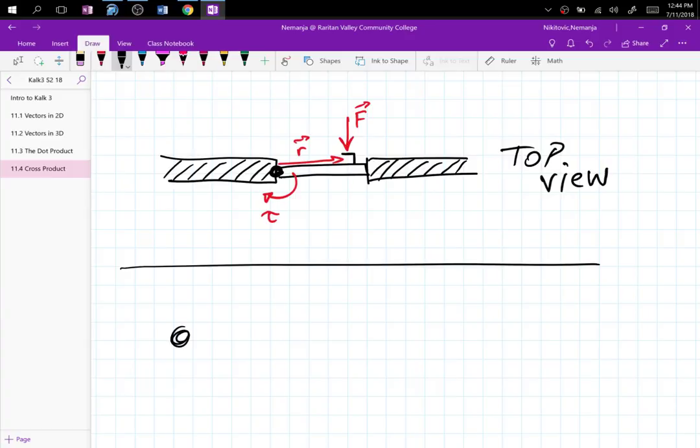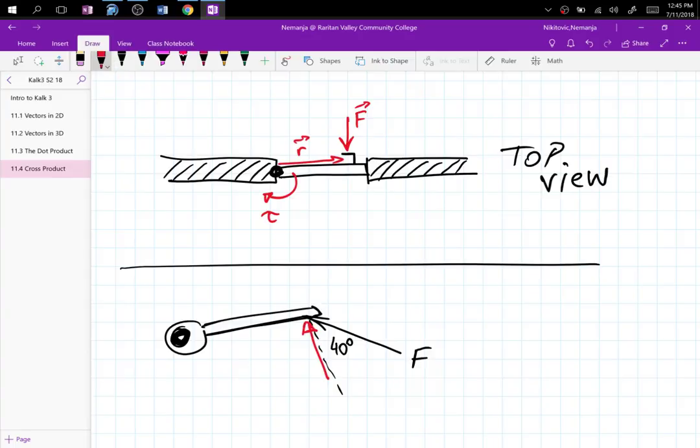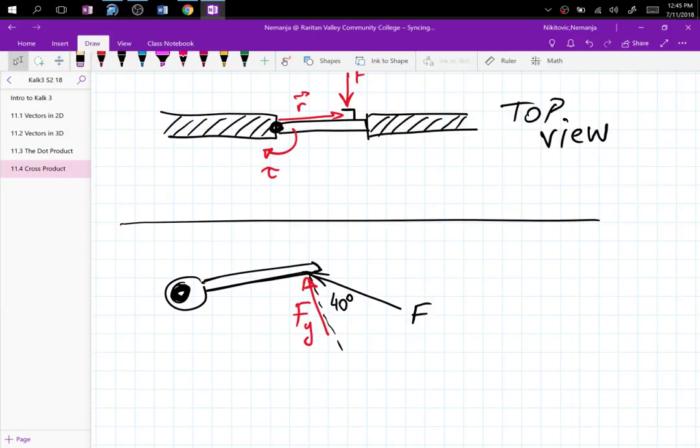So, if I have a wrench over here, and I apply the force at an angle, let's say of 40 degrees, well, only the perpendicular force, I'll call it force Y, is the one that does the work.